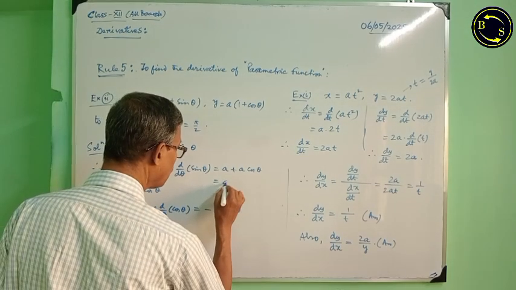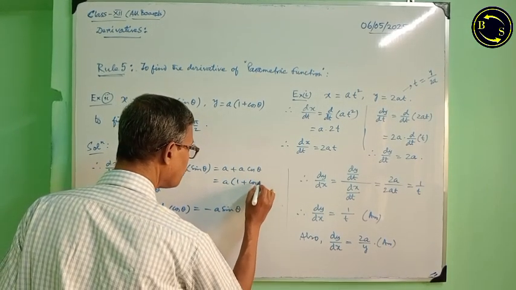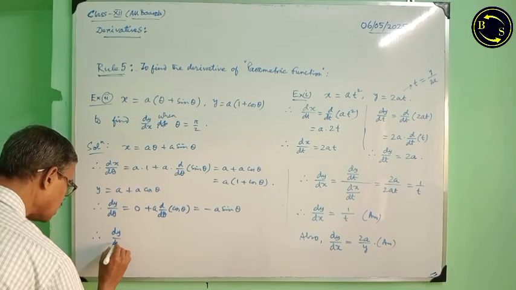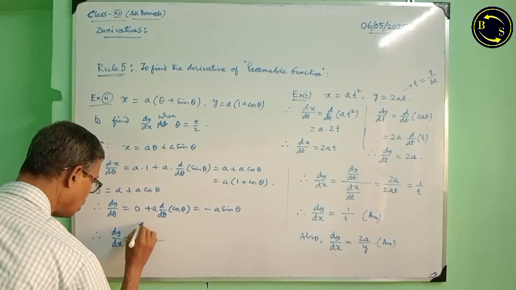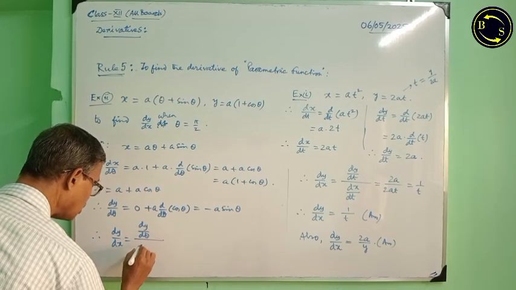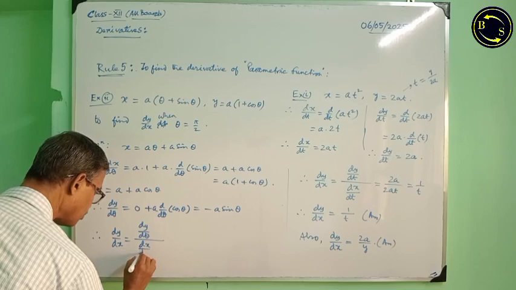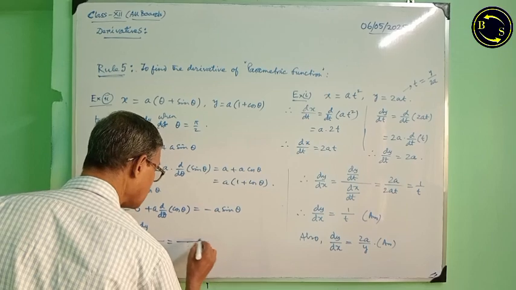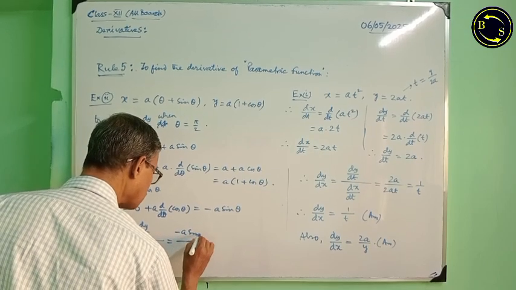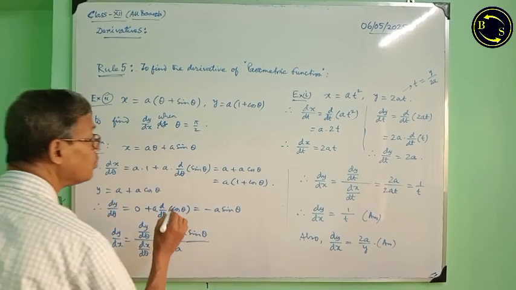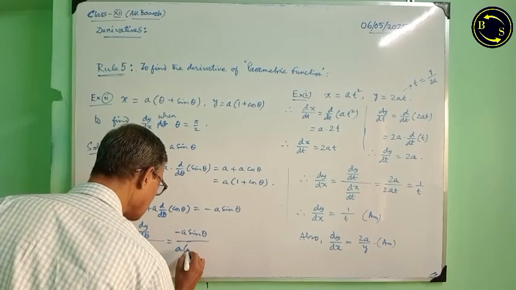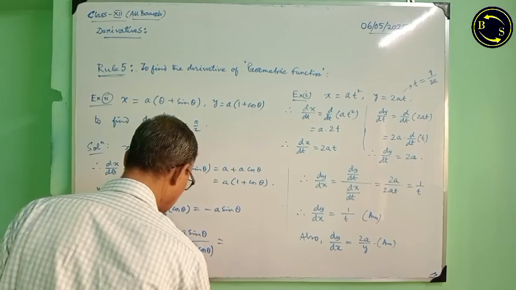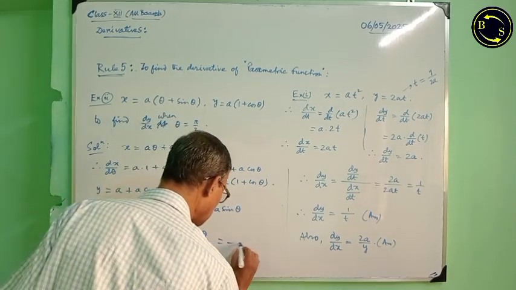Here we can take a common factor. Therefore, dy/dx is equal to dy/dθ divided by dx/dθ. We put value, dy/dθ is equal to minus a sin theta and dx/dθ, that is equal to a into 1 plus cos theta. a cancelled.